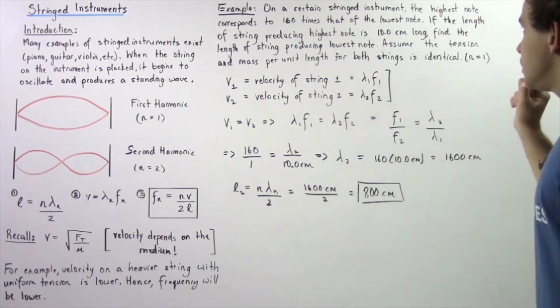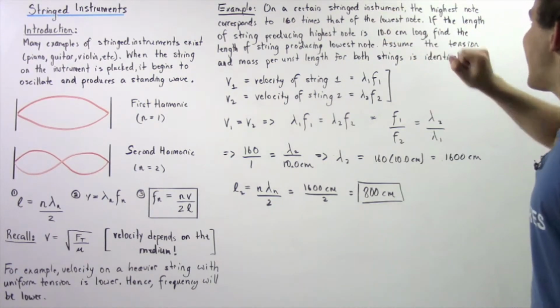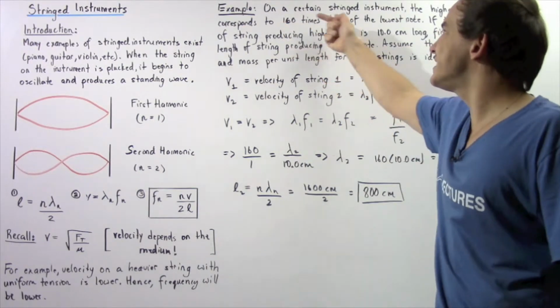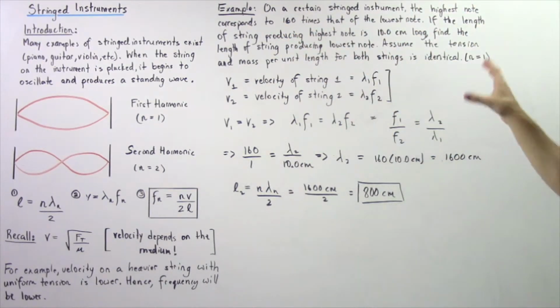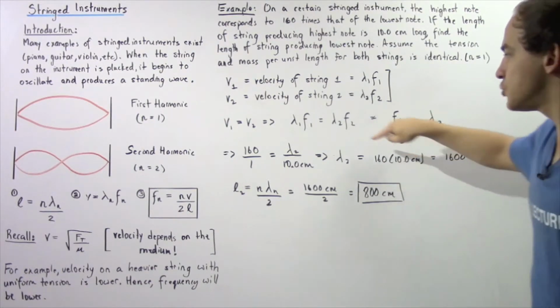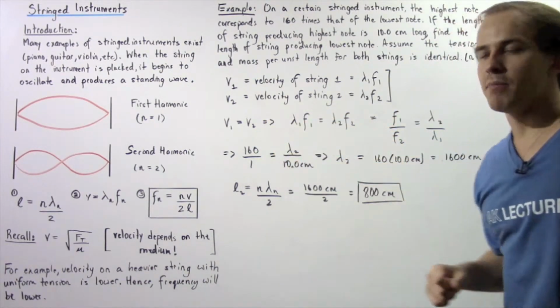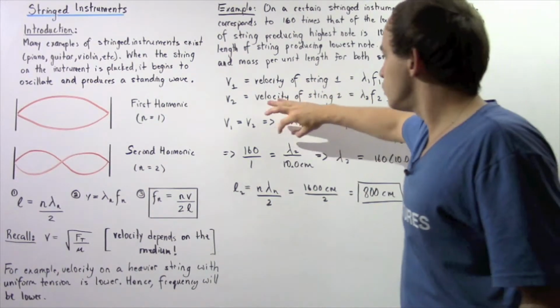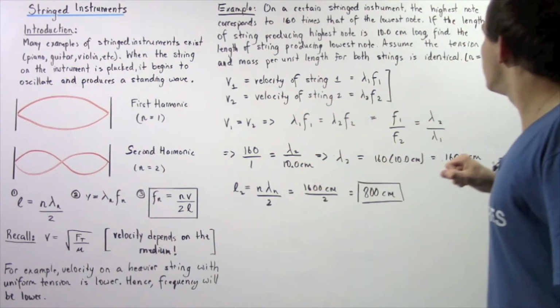We are told that the instrument has a highest note with a frequency that's 160 times greater than the frequency of the lower note. So F1 divided by F2 is 160 divided by 1, or simply 160. And this is equal to lambda 2 divided by lambda 1.